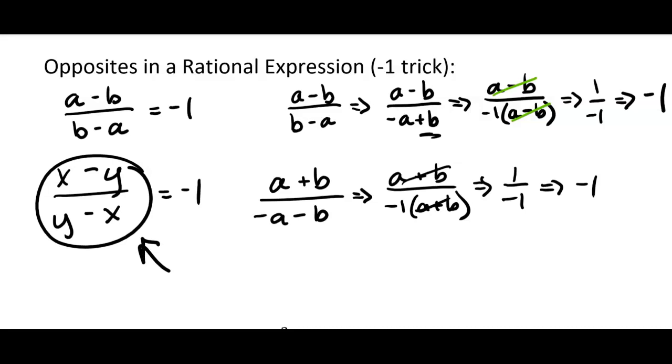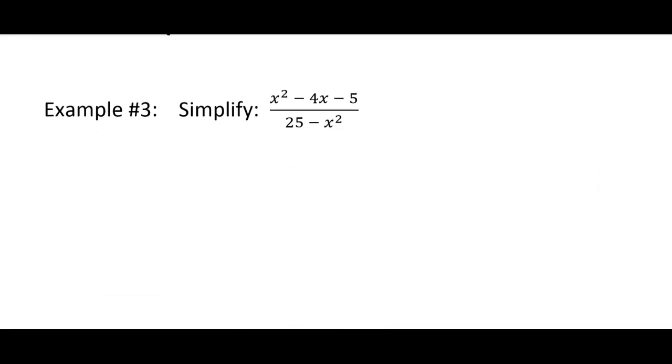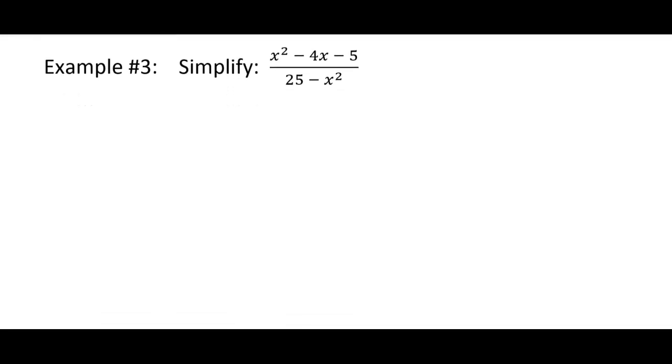Okay, so let's have an example where we do this. So they want us to simplify. Well, in the numerator, we would have to factor that x squared minus 4x minus 5. And it factors into x minus 5 and x plus 1. Now, again, you can stop the video, do the factoring, practice that, but that's how it factors.